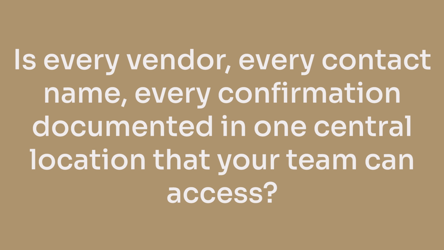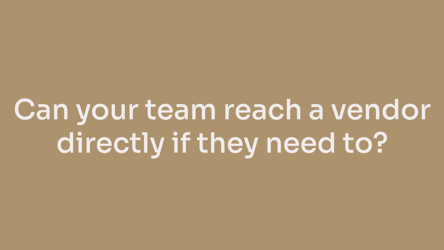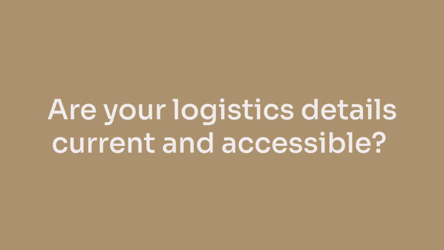Is every vendor, every contact name, every confirmation document located in one central location that your team can access? And can your team member reach out to a vendor directly without needing to go through you? Are your logistics current and accessible? Catering headcounts, room assignments, tech equipment, setup notes: are those all documented or are they still living in your head?